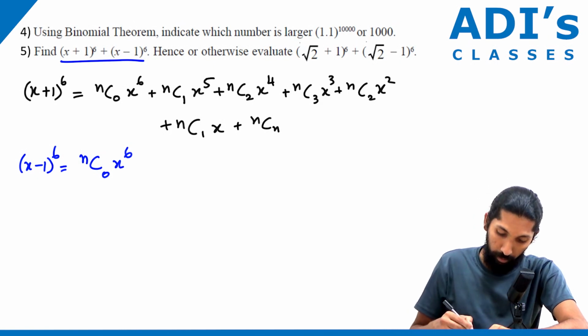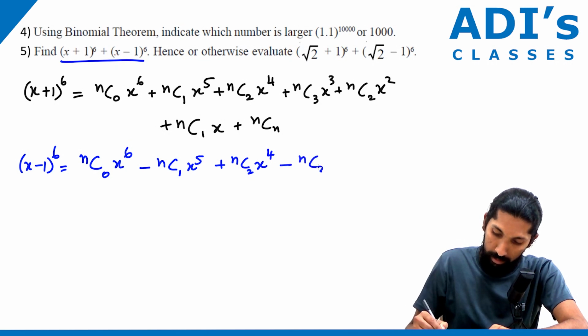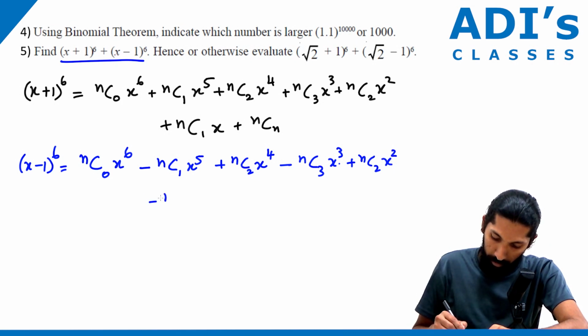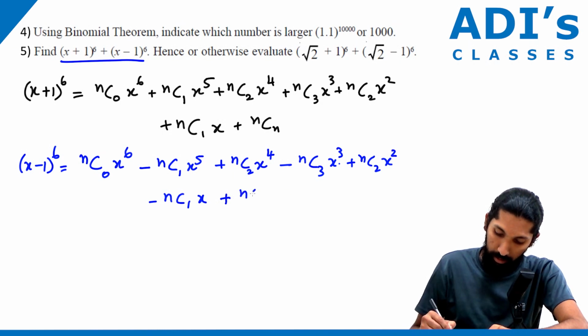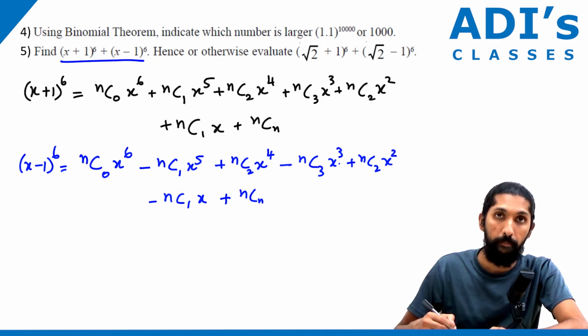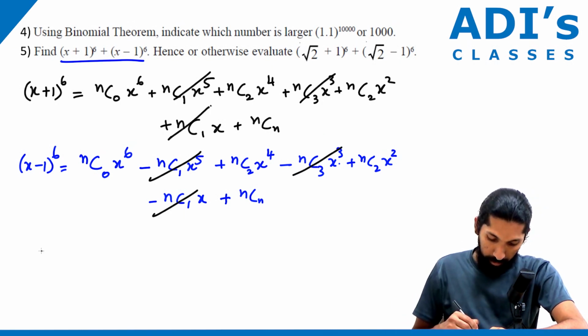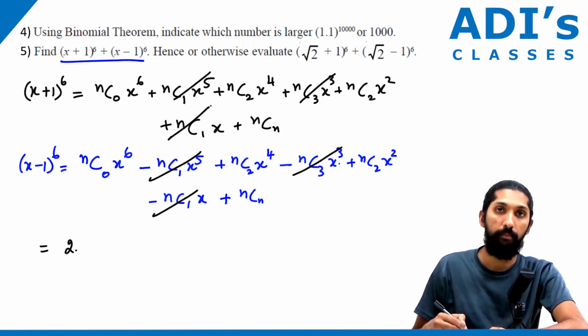So we are going to have minus nC1 into x power 5 plus nC2 x power 4 minus nC3 x cube plus nC2 x square minus nC1 into x plus nCn. In this case, since n value is 6, minus 1 power 6 is plus 1. When you add these two together, these two get cancelled, these two get cancelled, these two get cancelled.